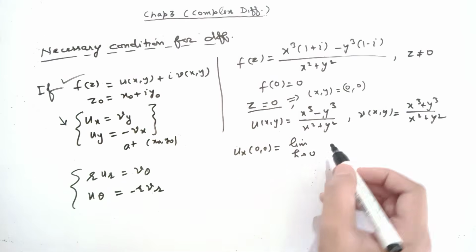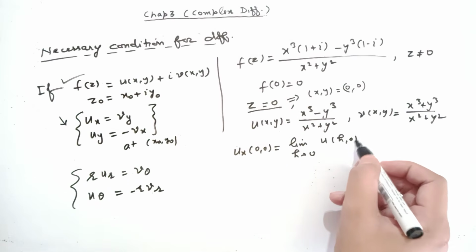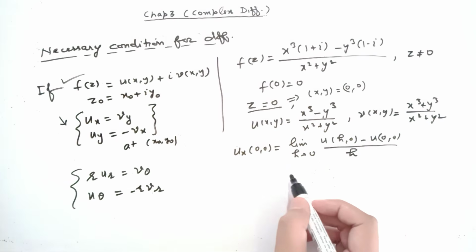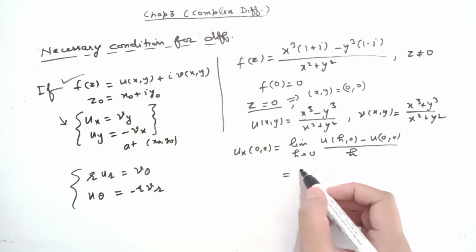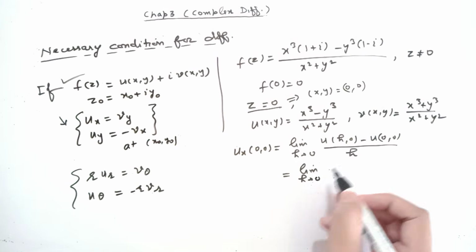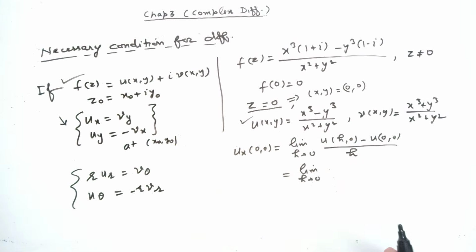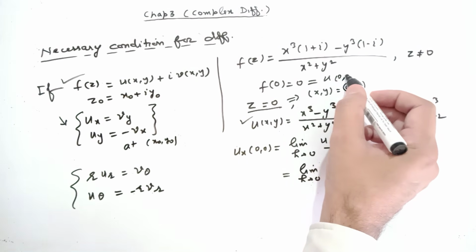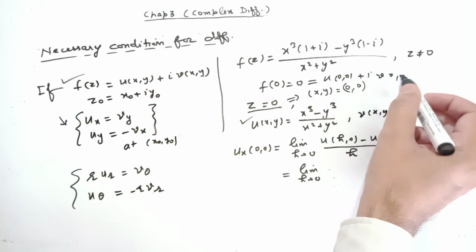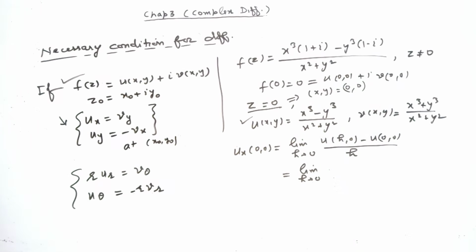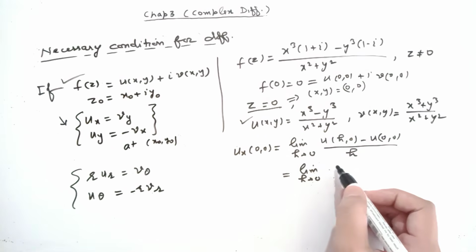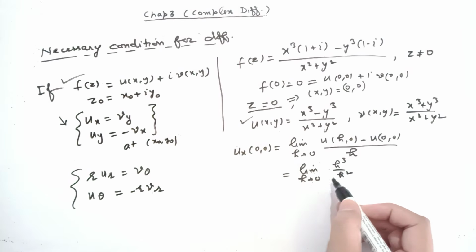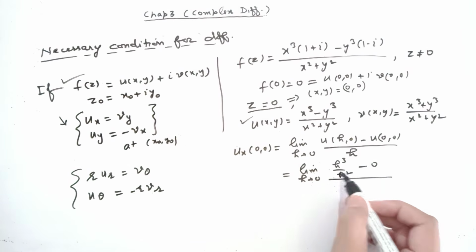Partial derivative with respect to x: u(h,0) minus u(0,0) divided by h. u(0,0) is clearly 0 because this is u(0,0) plus iota v(0,0). u(h,0) you can write from here: h cube over h square minus 0 divided by h. Finally, what do you get? 1.